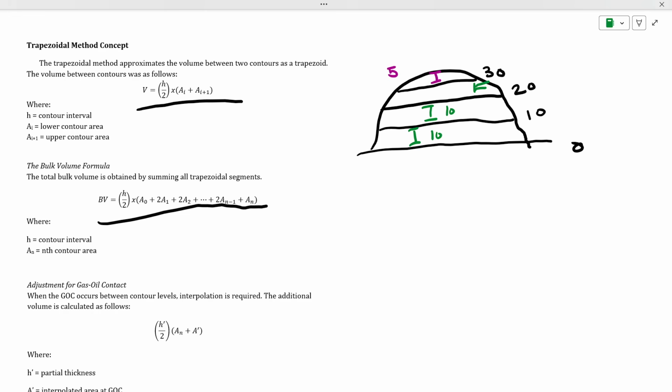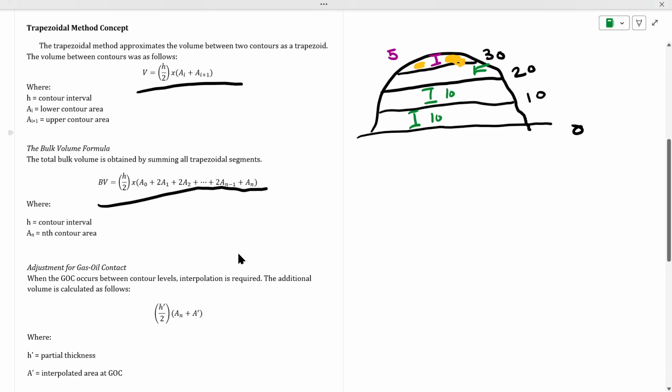So this final interval consists of gas, and the formula here will be this one. It is calculated using this formula.